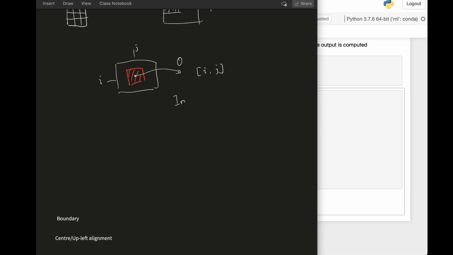We will need to consider the locations in the input array of some rows before i, maybe i minus 2, and some columns from j minus 2 to, for example, j plus 2. Here we consider the case where the kernel is 5 by 5.